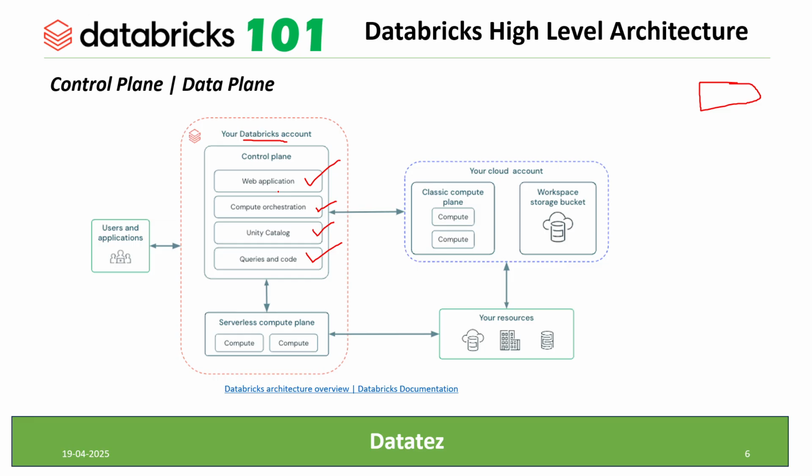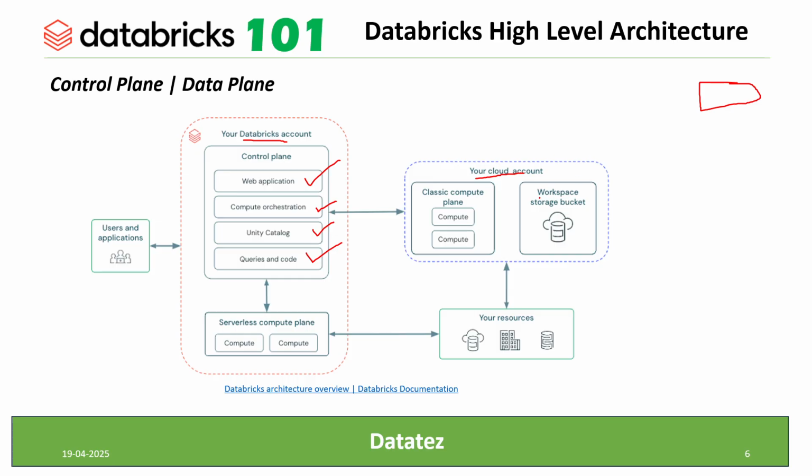We are trying to process our data, so where will the data be coming from? The data will be coming most likely from our cloud storage itself. That's why it's given here as your cloud account. It will be the customer or the client cloud account. It could be Azure or AWS or GCP, that is Google. Over there, the data will be present, and Databricks can work with that data.